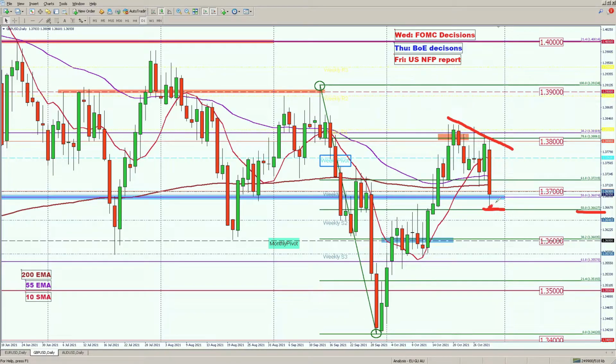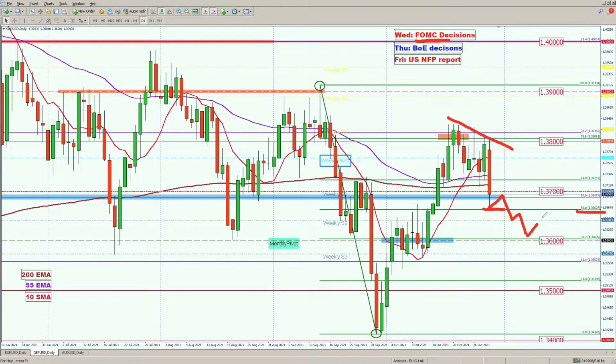So there could be a bit more room to dip lower before the BOE meeting, as before that the FOMC may trigger some moves, perhaps dollar strength, and it could drive the other major pairs lower.